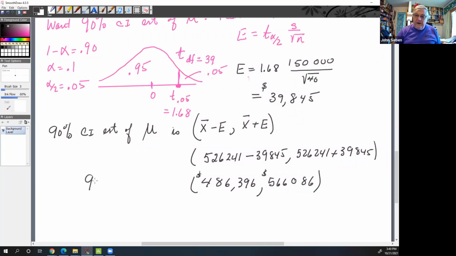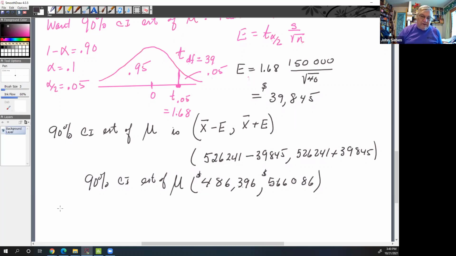And this is a 90% confidence interval estimate of mu, which means what? Well, it means that I'm 90% confident that if we knew mu, it would fit between these two values.